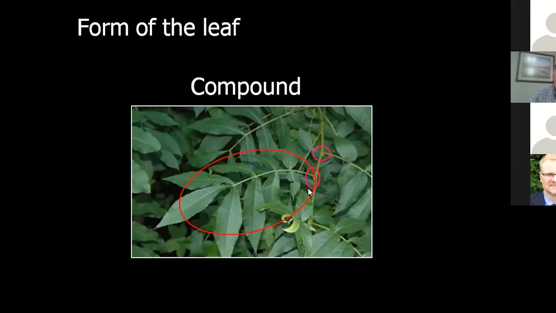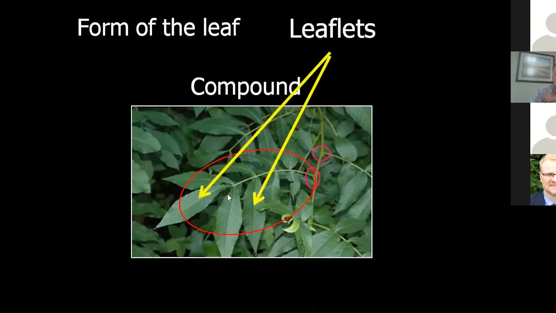This is a compound leaf because there's the bud, there's the rachis, but we have all these multiple leaves, and they are called leaflets, all right? I'm not sure if that showed up or not, but that arrow going down is pointing to all the leaflets. So it takes all of these leaves to make up this leaf, all right?